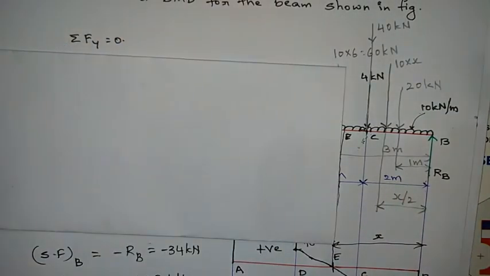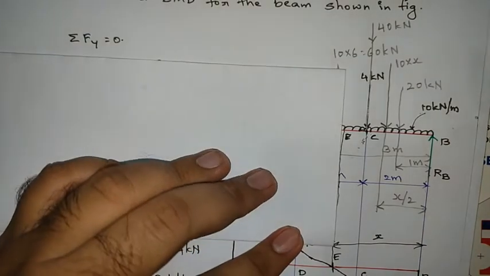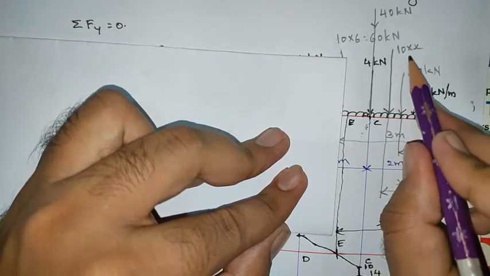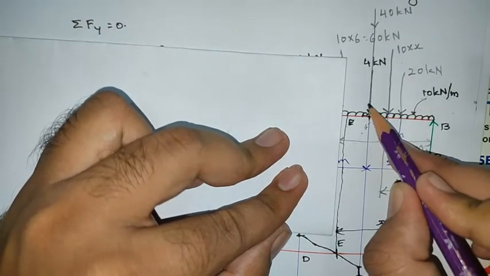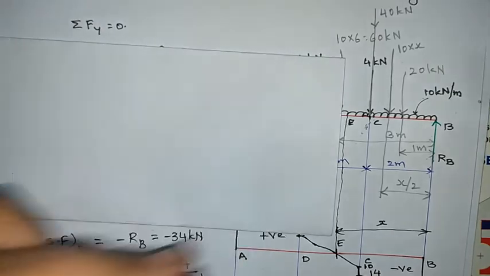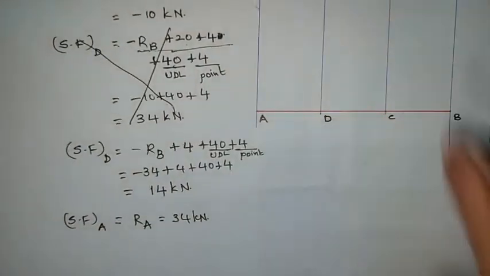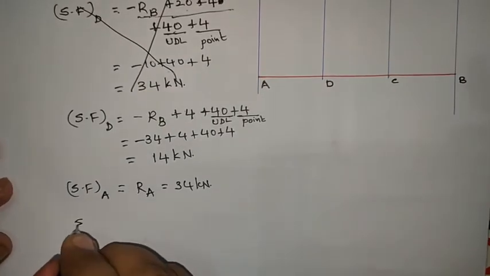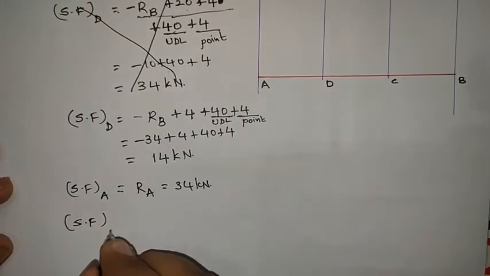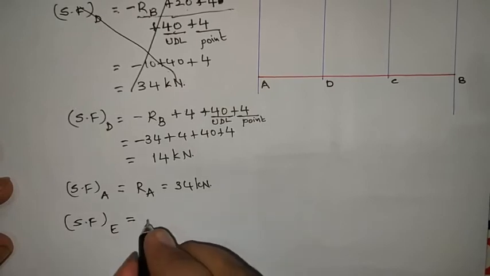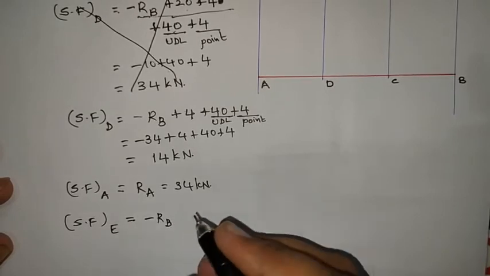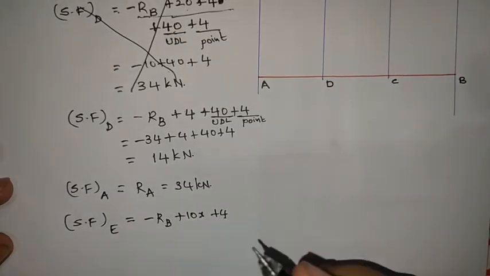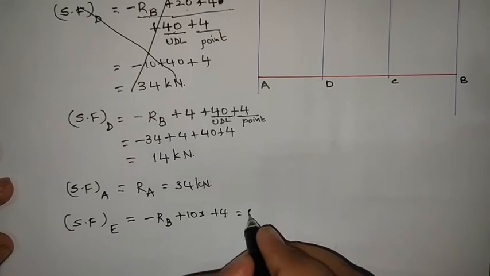So now calculate the shear force at E and equate to 0. So that is minus RB plus 10x plus 4 is equal to 0. So shear force at E equals minus RB plus 10x plus 4 is equal to 0.